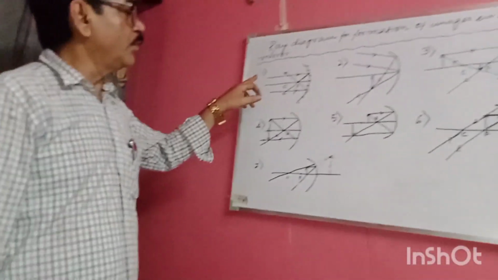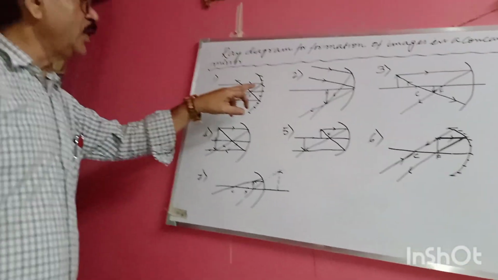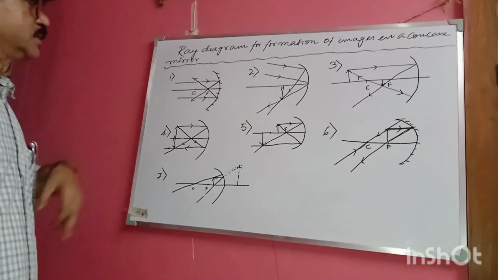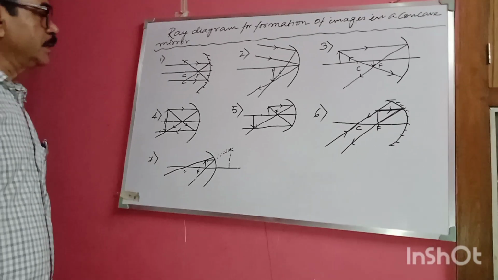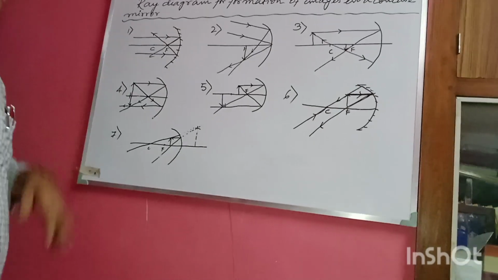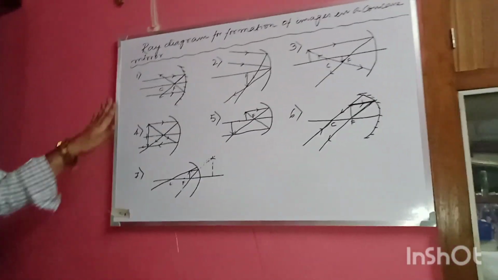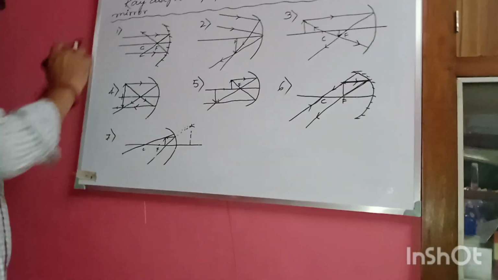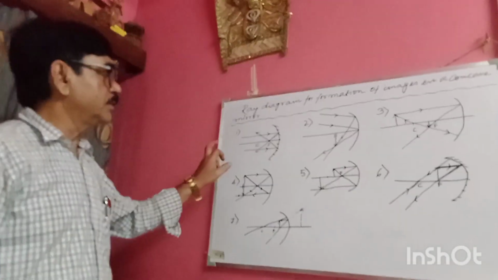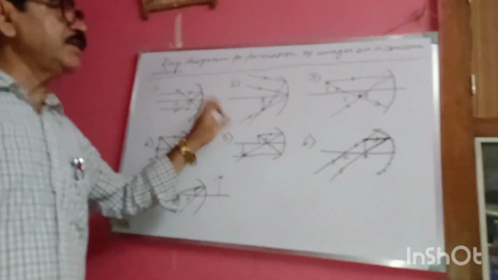In that case, when the light ray falls on a concave mirror, it must move towards the focus, and a point image will be formed in the first case. So what is the nature of the image? A highly diminished point image will be formed when light rays come from infinity.